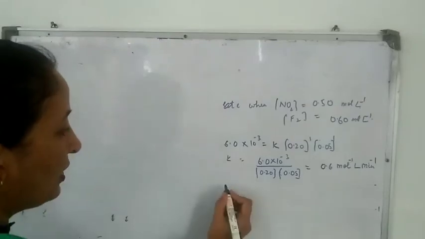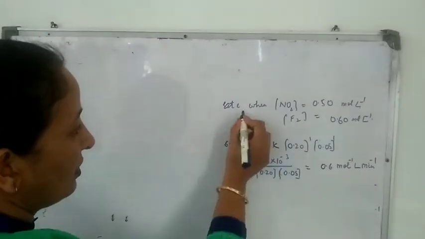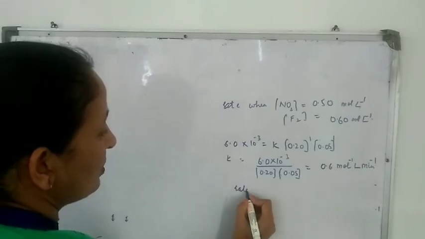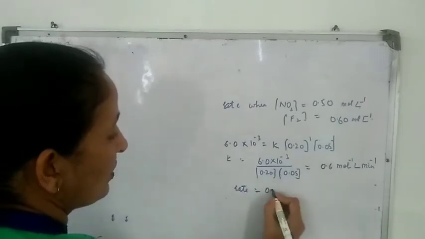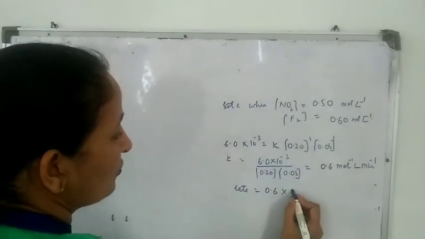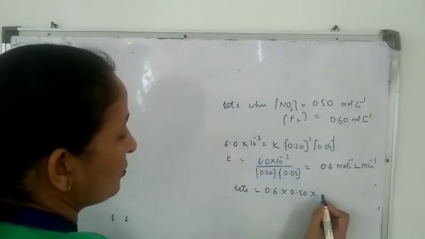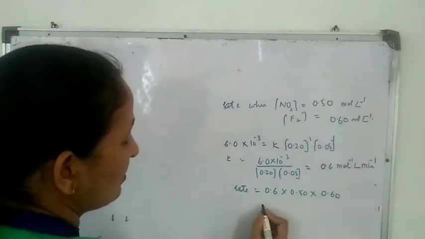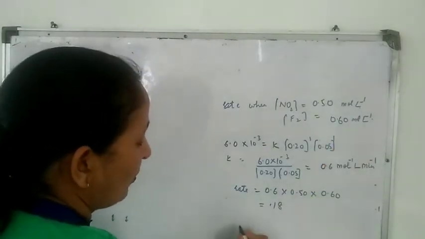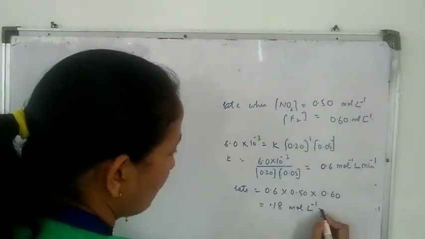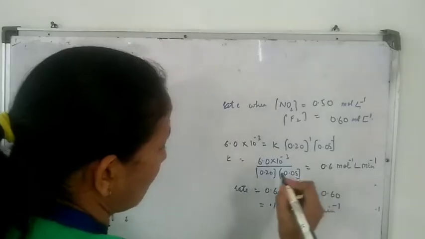Now putting the value of k, we can find out the rate. So rate is equal to 0.6 into concentration of NO2 0.50 into concentration of F2 0.60 is equal to 0.18 mole liter inverse minute inverse.